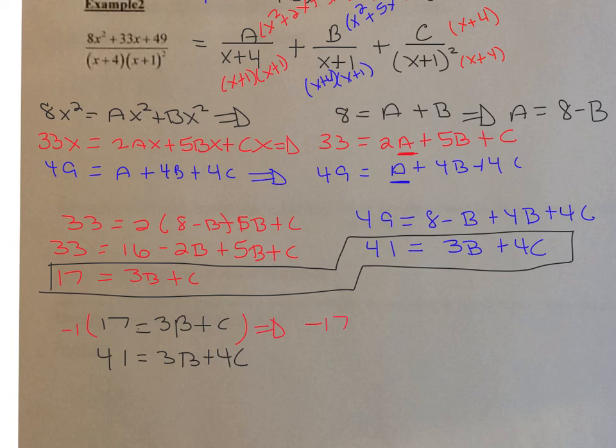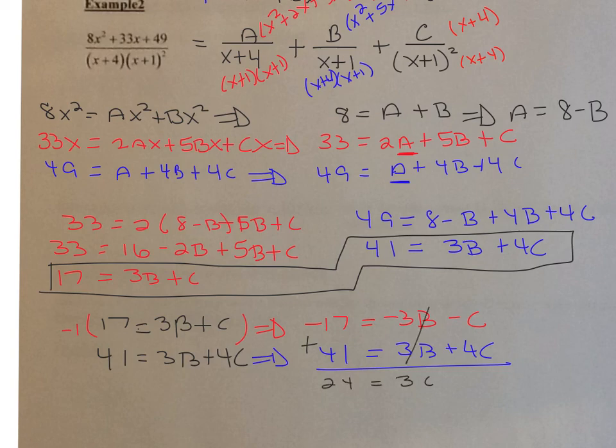So that's −17 = −3B − C. The bottom equation will stay the same: 41 = 3B + 4C. So I add them together. Negative 17 plus 41 is 24 equals 3C. So C is equal to 8.